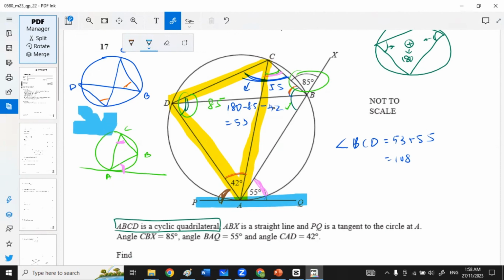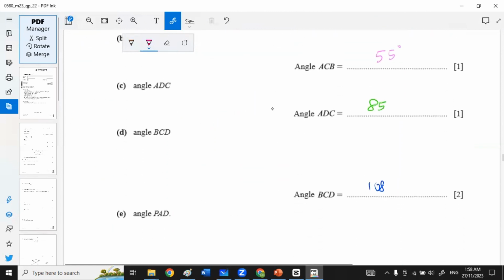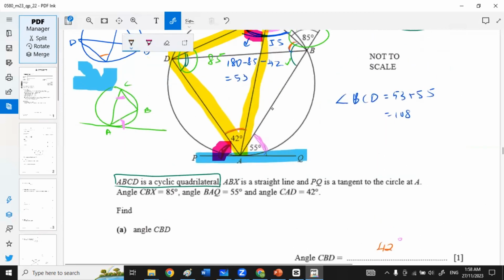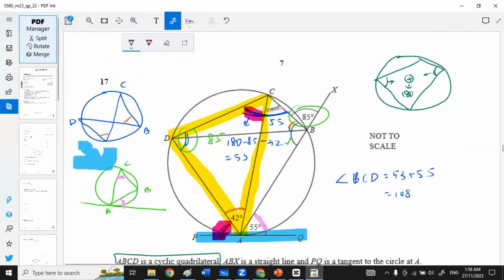Alternate segment, so this angle should be the same as this angle. So you will get 53. Remember when you solve angle problems, just split it, get a clearer picture, easier for you to handle.